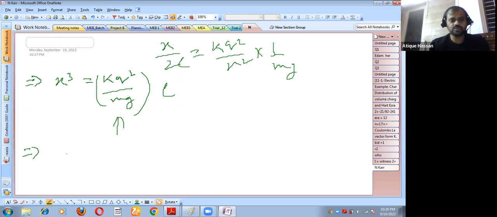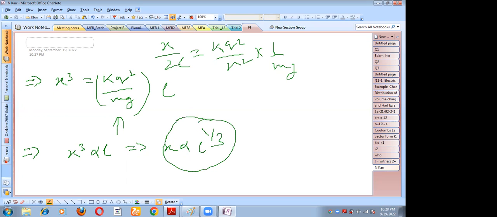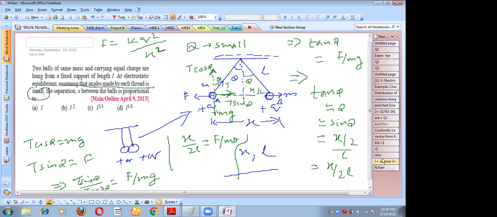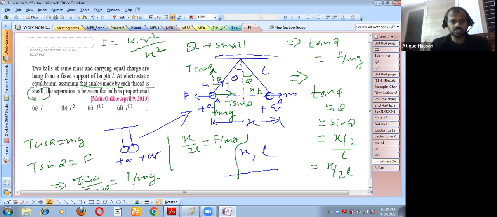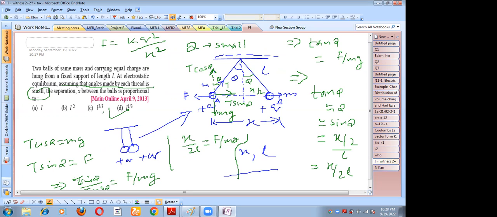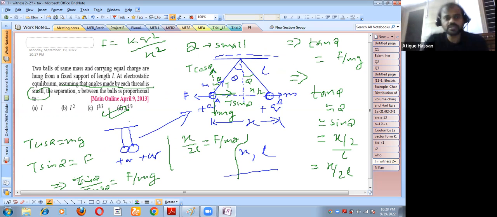So from here you can say that x cube is proportional to l. So x is proportional to l to the power 1 by 3. Check the options. The correct option is D. Understood? This is a JEE Main 2013 question.